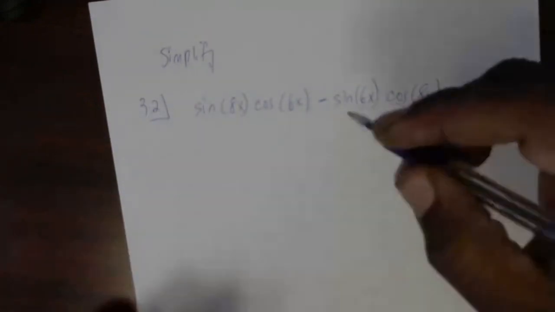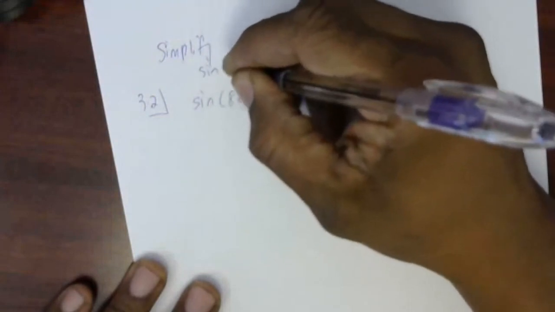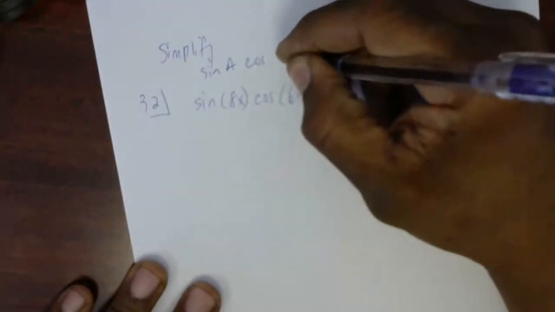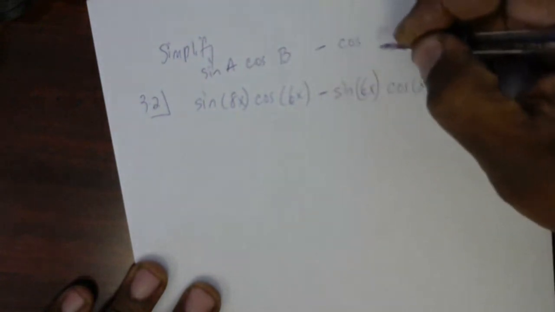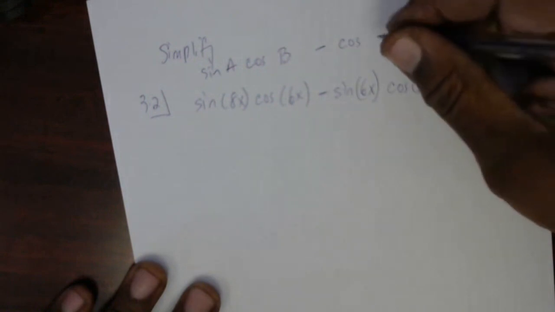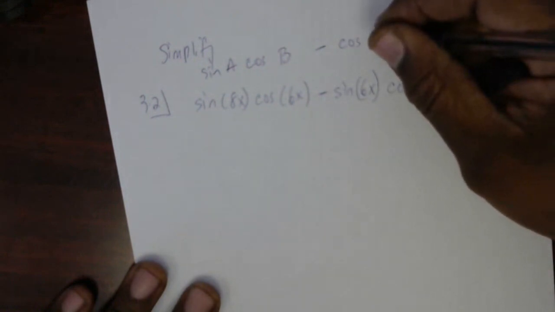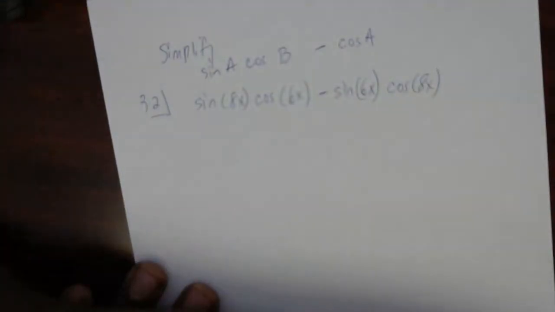All right, so here's the problem. And above the problem, I'm simply going to write the formula, and I'm going to write it in reverse. So the formula says the sine of A times the cosine of B minus the cosine of A. Let me make sure I wrote the problem down right.